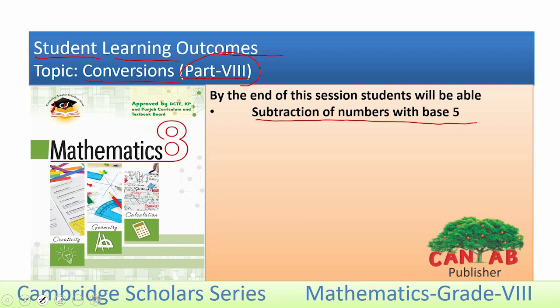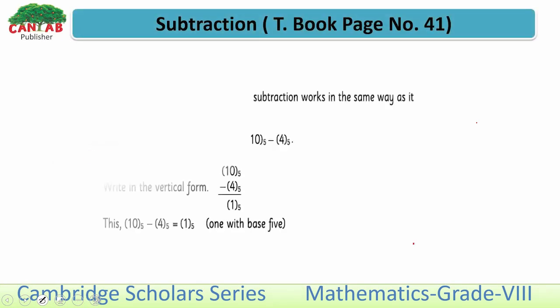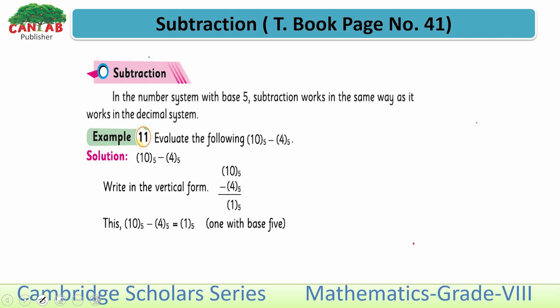Students, now come to page number 41 of your textbook, subtraction. In the number system with base 5, subtraction works in the same way as it works in the decimal number system. You know, we use only 5 numbers in the base 5 number system. These are 0, 1, 2, 3, 4.